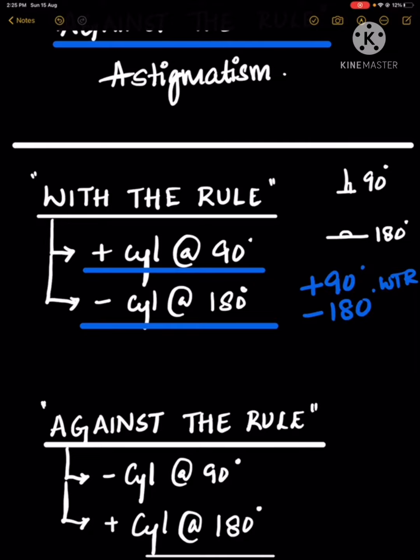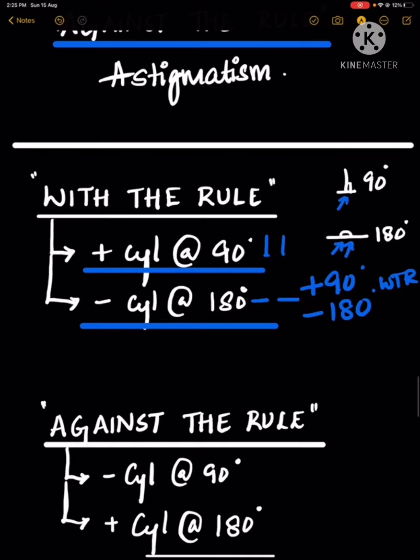There is also another way to remember it. Okay, a plus is like a perpendicular, or you can actually take a plus as a vertical line. Okay, and 90 degrees is again vertical, right? So both the lines are in the same direction, so it is with the rule. Minus is a horizontal line. 180 degree again is a horizontal angle, as you can see here I've drawn.